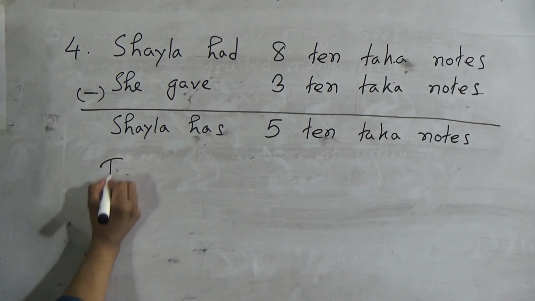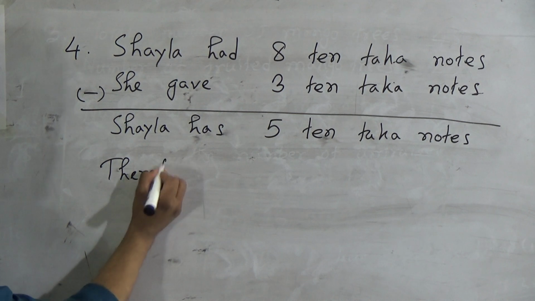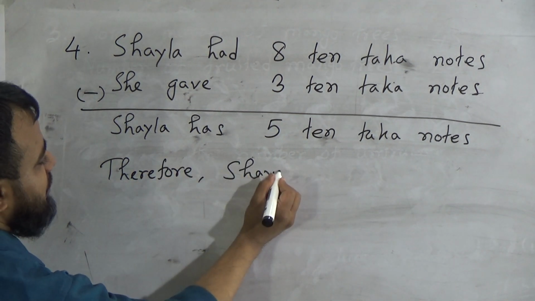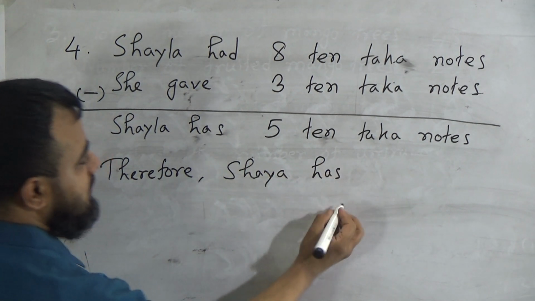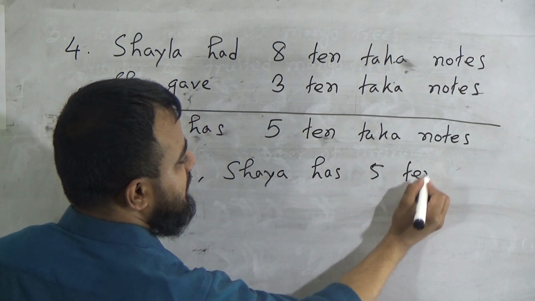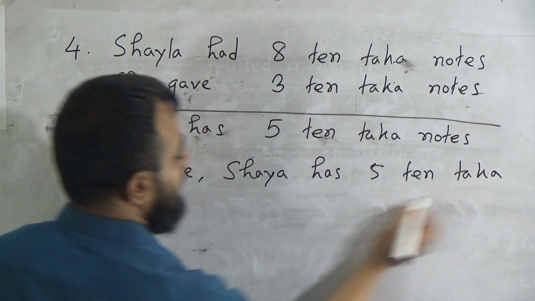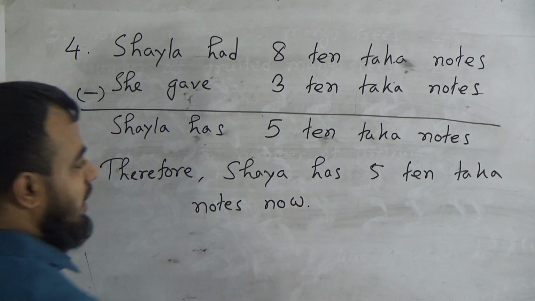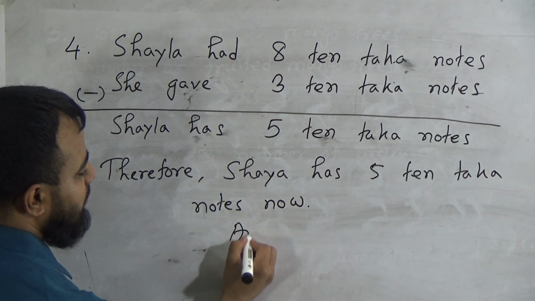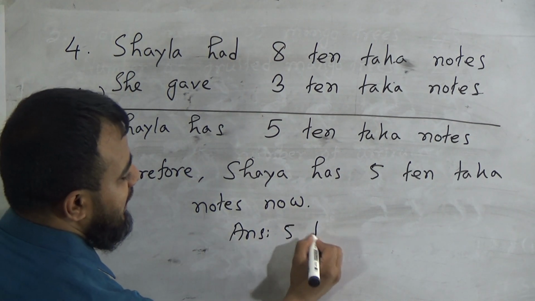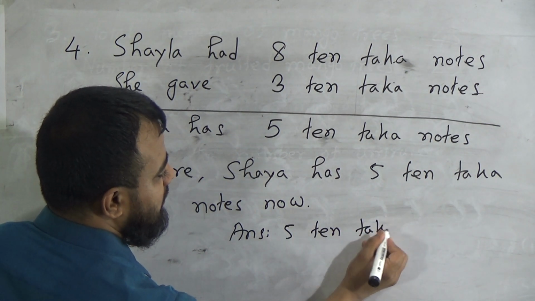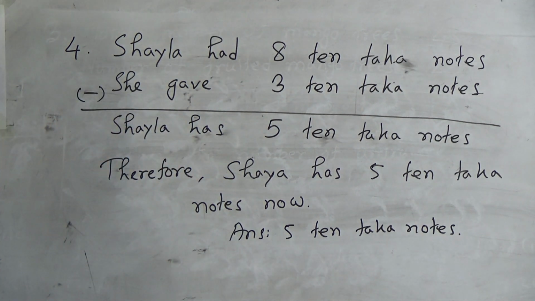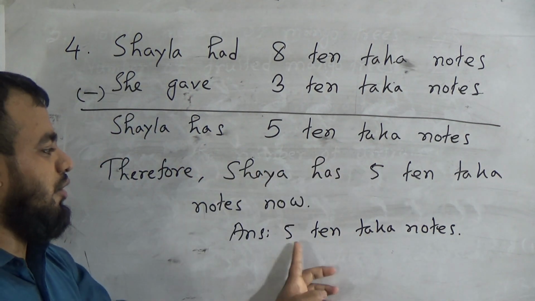Therefore, we should write down: therefore Shaila has 5 ten taka notes now. That means now Shaila has 5 ten taka notes. Answer will be 5 ten taka notes.